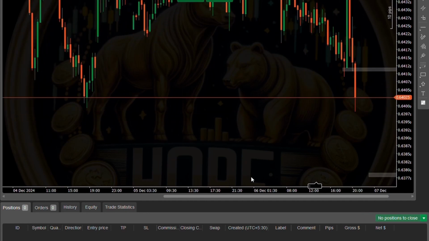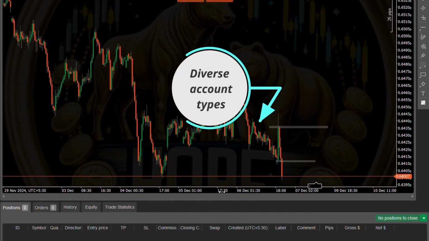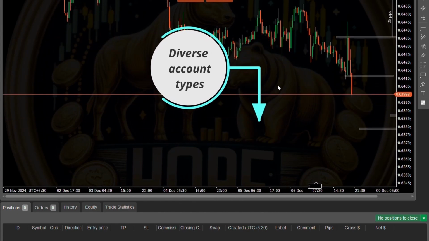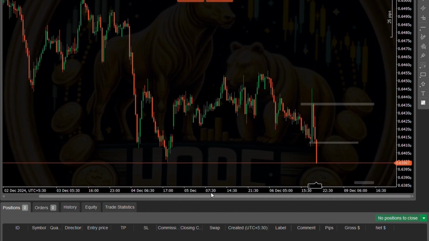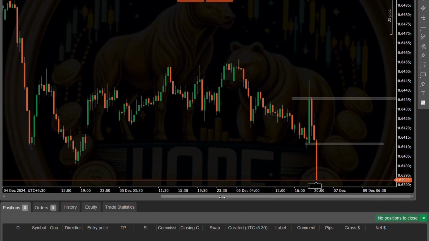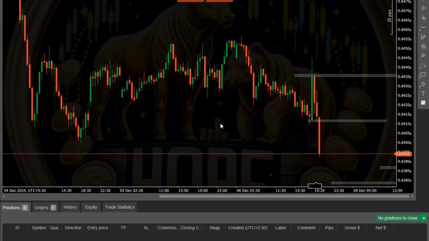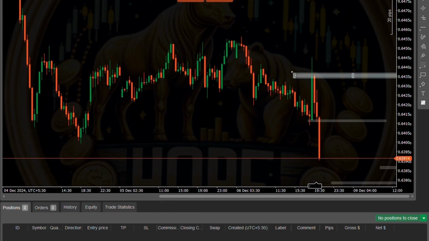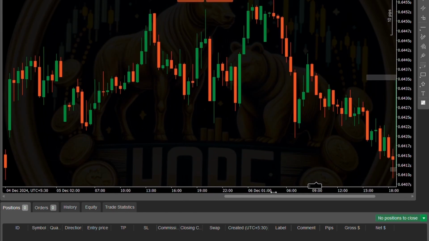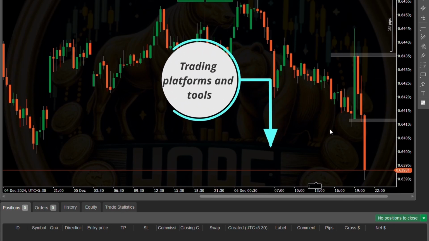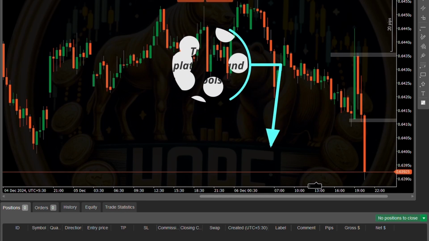Range of markets. We estimated how many instruments and from which asset classes brokers offered, considering the flexibility afforded to their clients. Diverse account types. We assessed brokers' minimum deposit requirements, maximum leverage, and maximum traded volume per account type and chose those that offer the greatest variety of account features for the lowest possible cost. Trading platforms and tools.